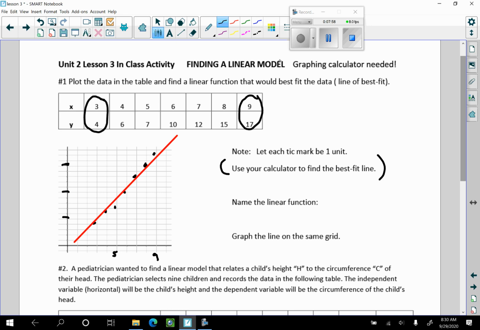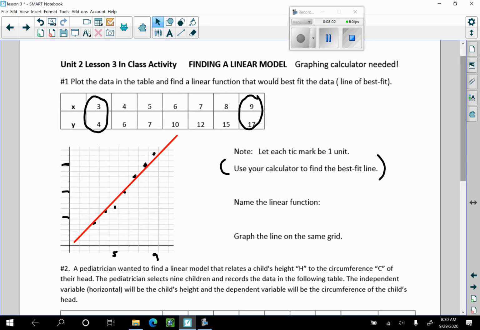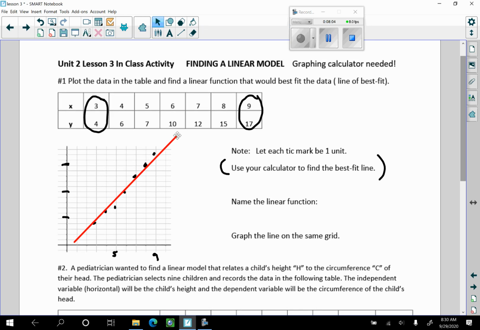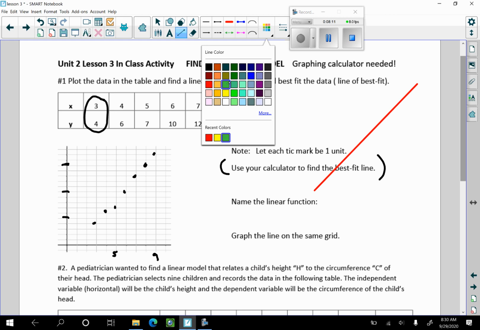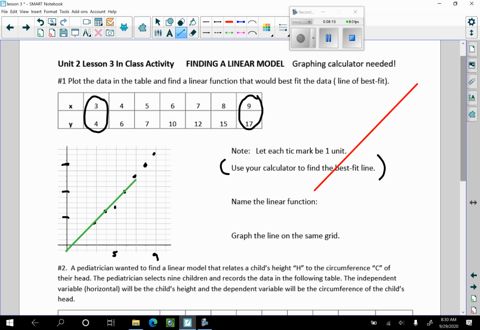And I think if I took the line through those 2 points, that line doesn't fit the data too bad. So let's do those 2 points to come up with our line of best fit.